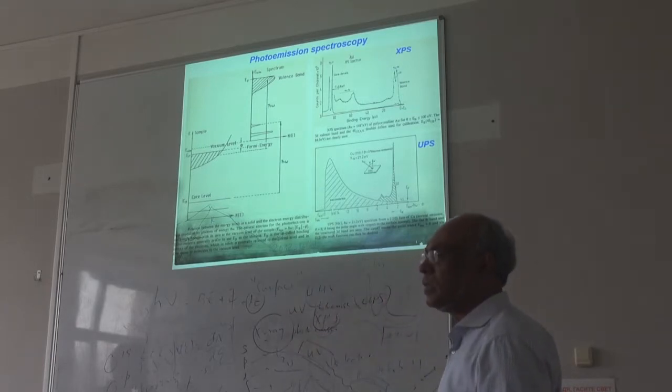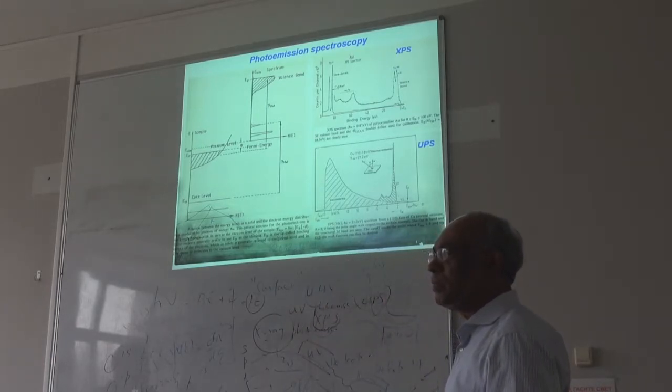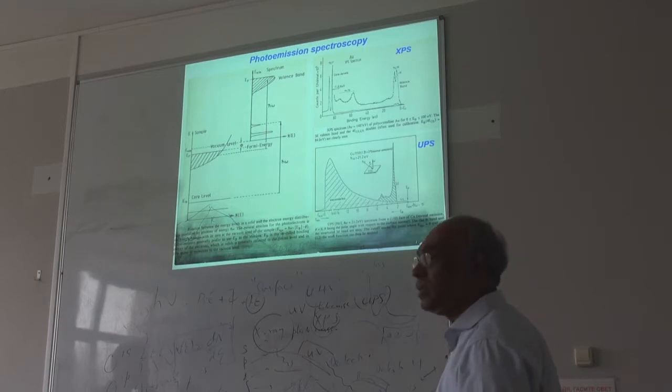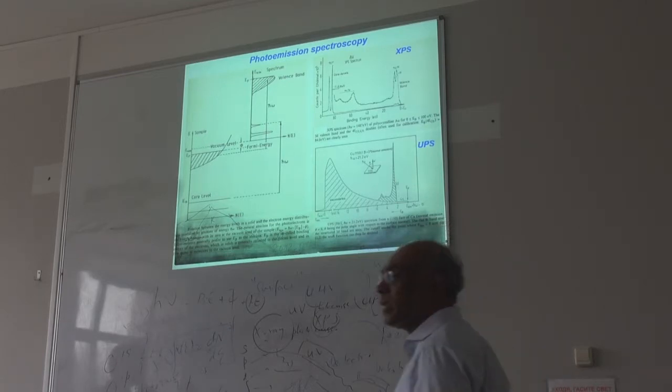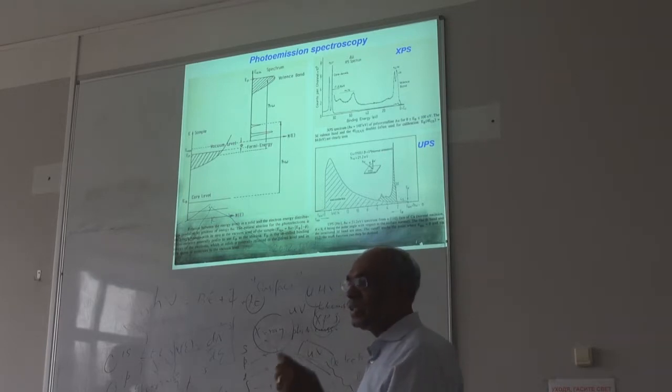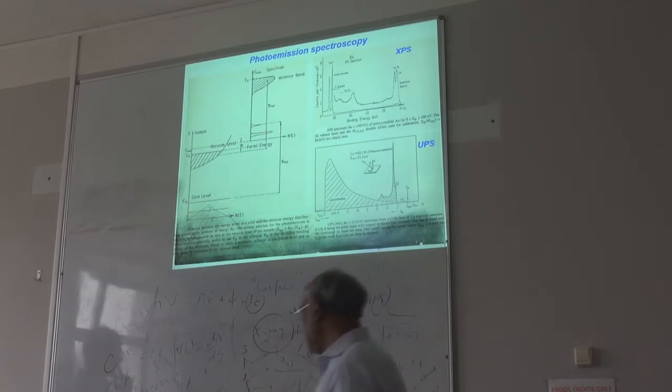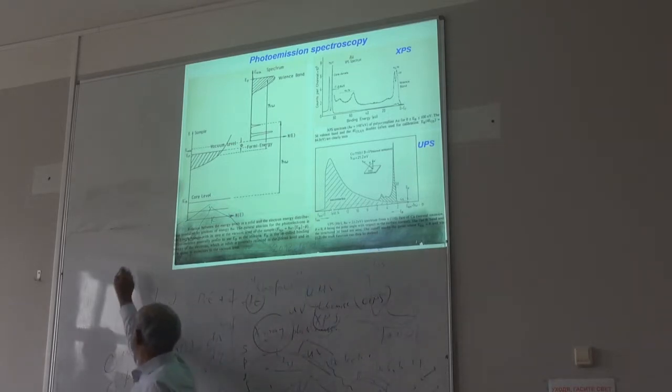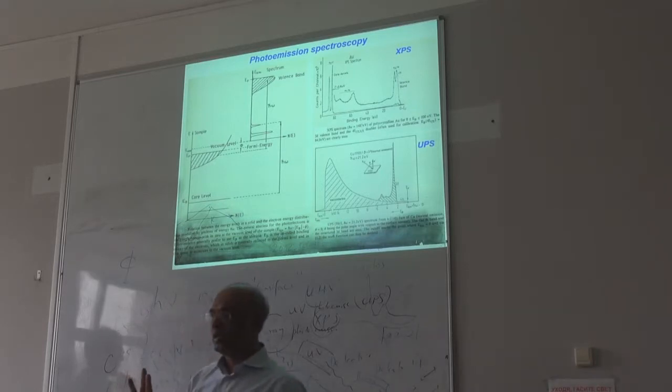What is it important for? UV spectroscopy is very important if you need to know the work function, Fermi energy. So if somebody wants to measure the work function, there are 3 techniques you can use.